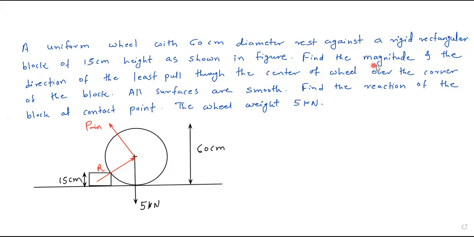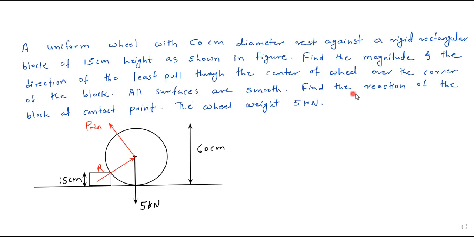As shown in figure, find the magnitude and the direction of the least pull through the center of the wheel over the corner of the block. Okay, so this is the corner of the block, and for the concept of least pull, this angle should be 90 degree. The angle between the reaction and the least pull must always be 90 degree, then and only then is the pull the least pull, the minimum pull.